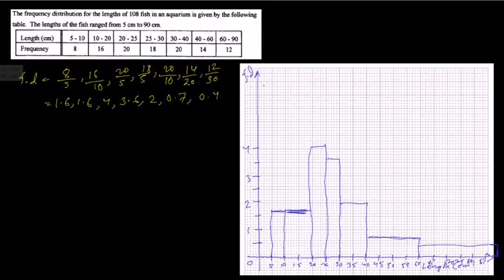And then we can do some shading. That's it.